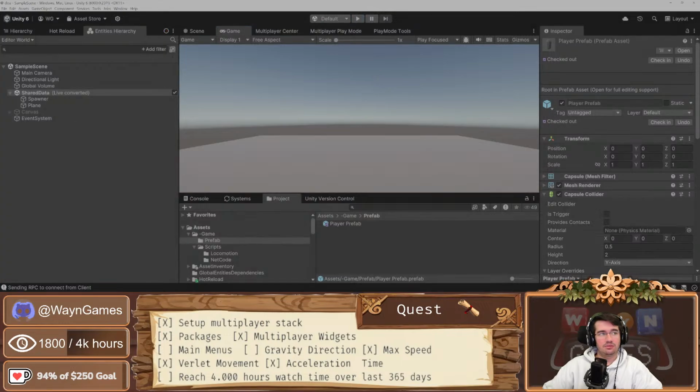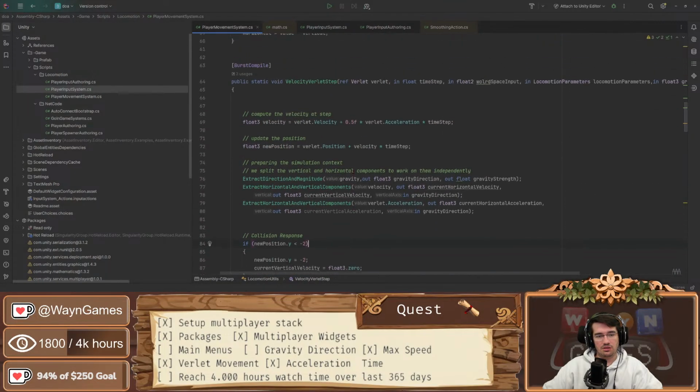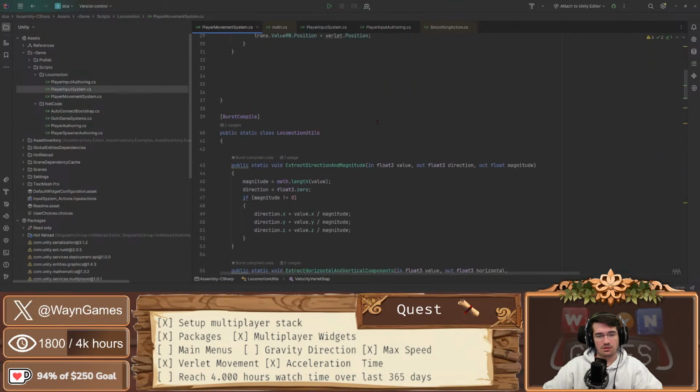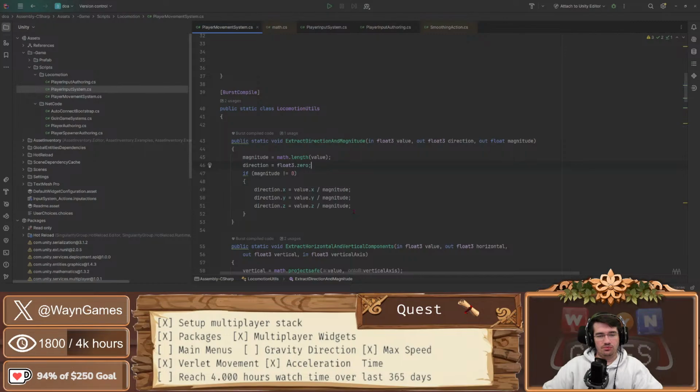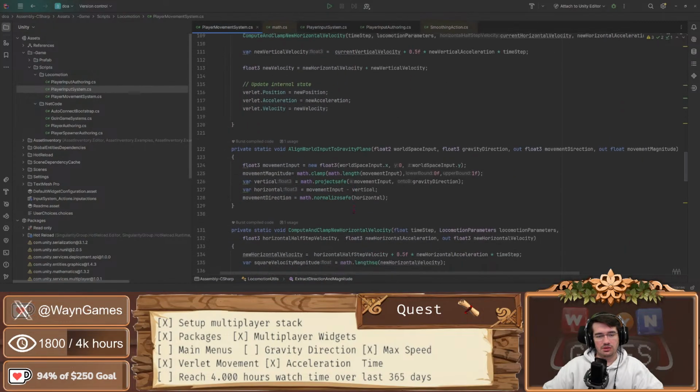And actually, if I wanted to try to change the gravity direction, extract direction and magnitude. Should I have used that? No, because I want to do the reorientation.